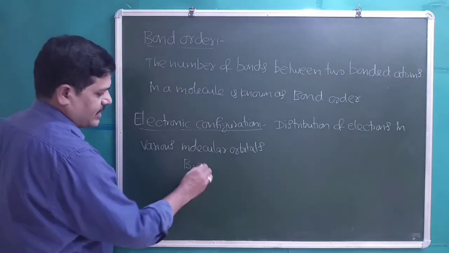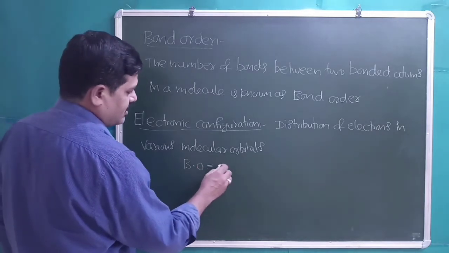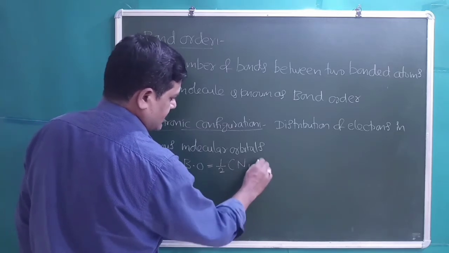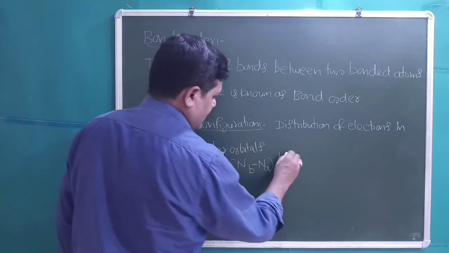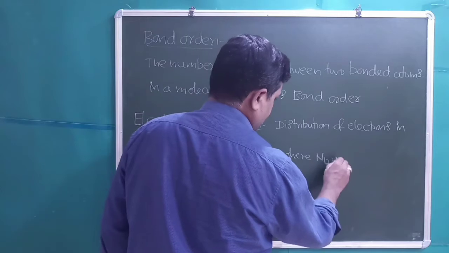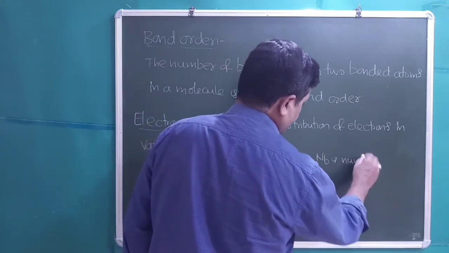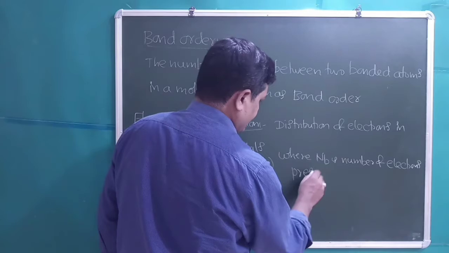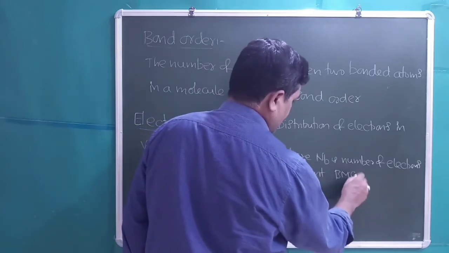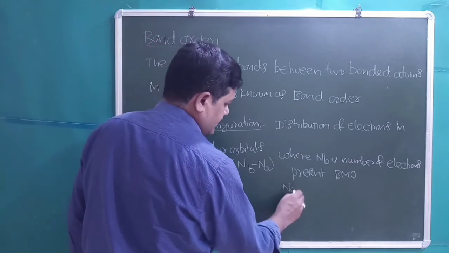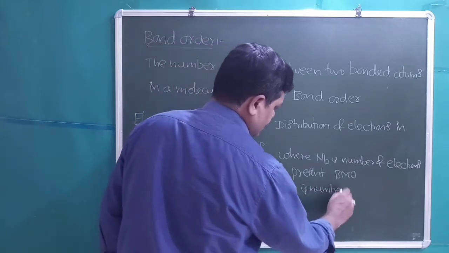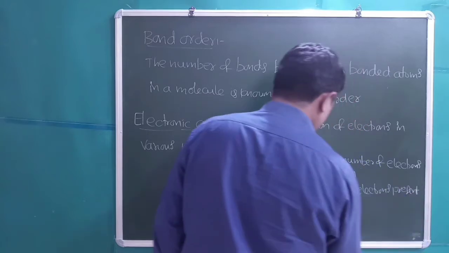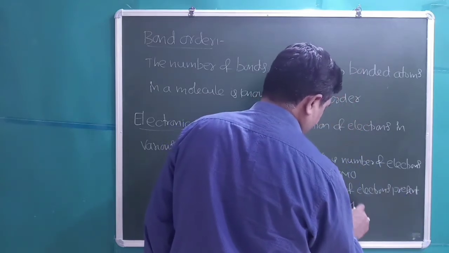After writing the electronic configuration, bond order we can calculate from the formula: bond order is equal to half into NB minus NA, where NB is the number of electrons present in bonding molecular orbitals, and NA is the number of electrons present in anti-bonding molecular orbitals.